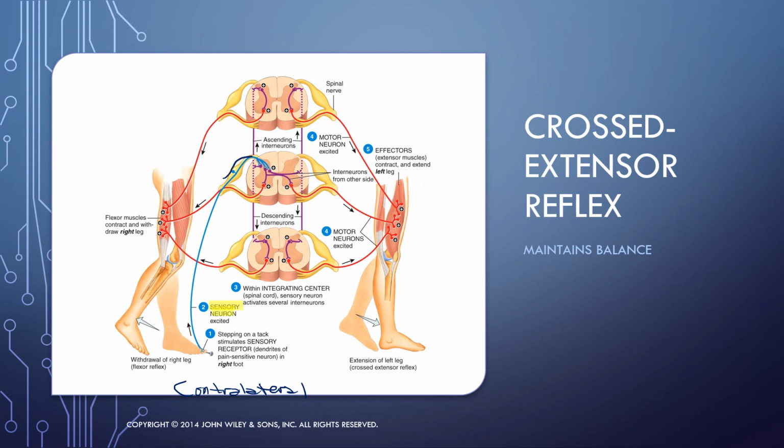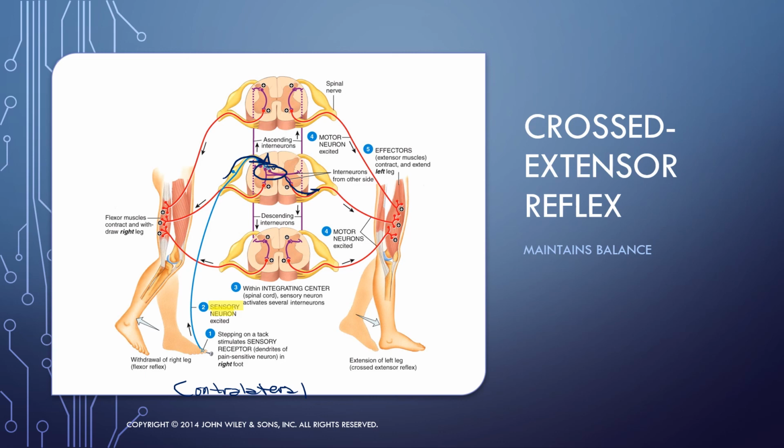The sensory neuron will come here into the spinal cord, and then we're going to synapse with these interneurons here, and these interneurons are going to cause action potentials in motor neurons on the opposite side of the spinal cord. So this crossed extensor reflex synchronizes the extension of the contralateral limb with the withdrawal of the ipsilateral stimulated limb.